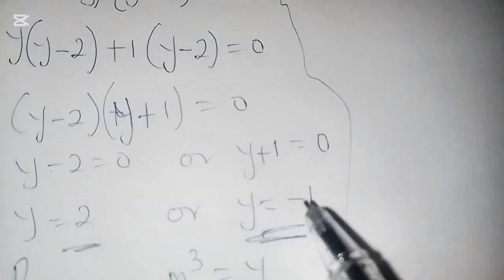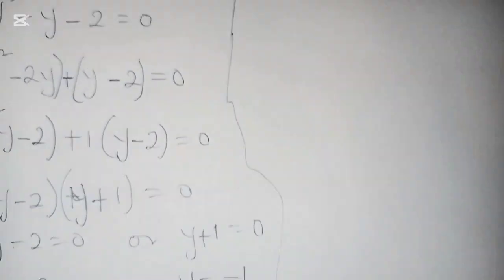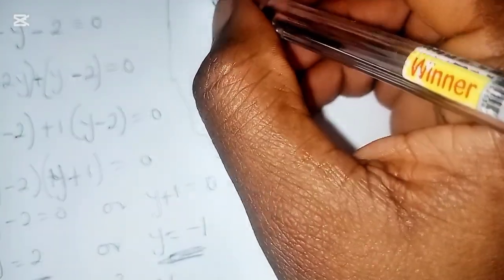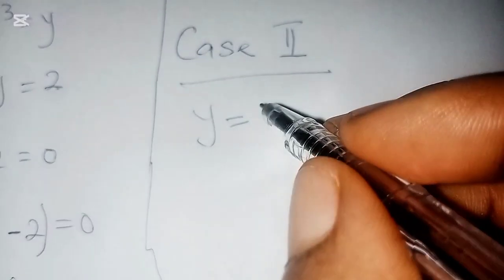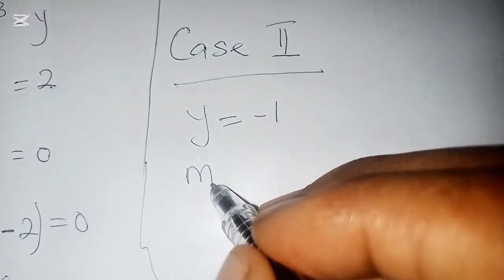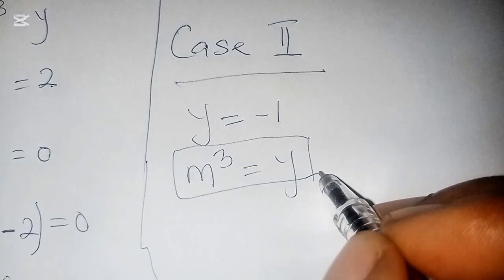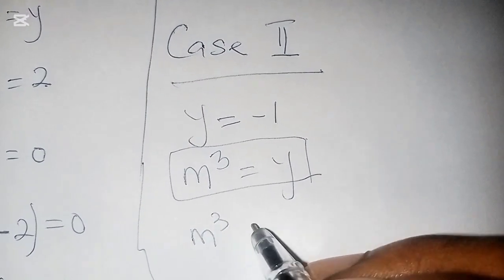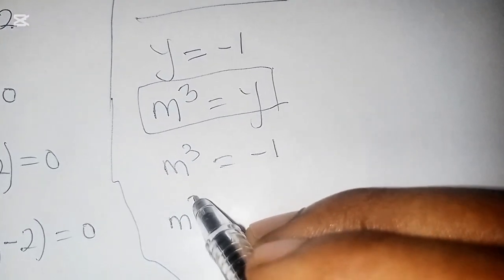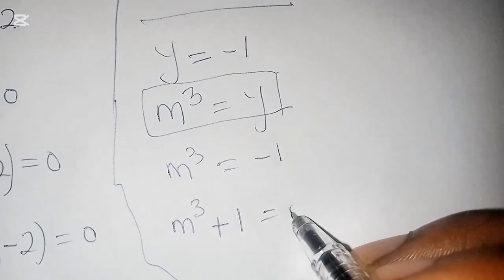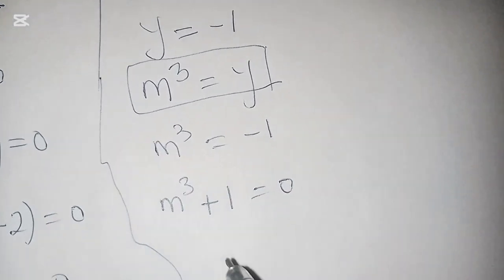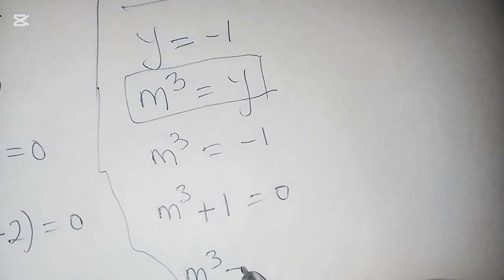where y is equal to -1. So if y is equal to -1, remember that m cubed is equal to y. So we will substitute. We'll move the -1 to the other side, making it +1 equals 0.